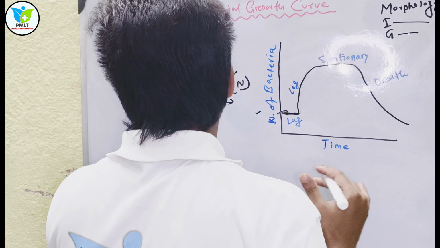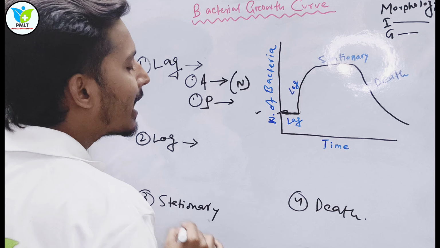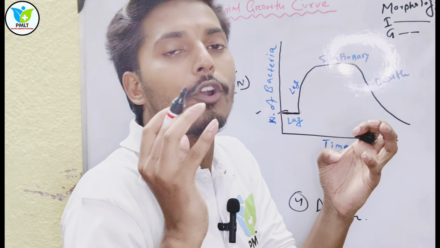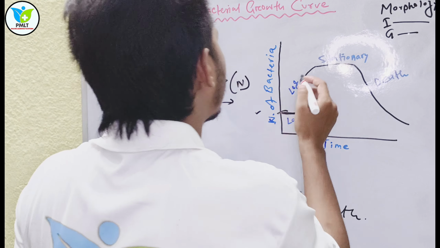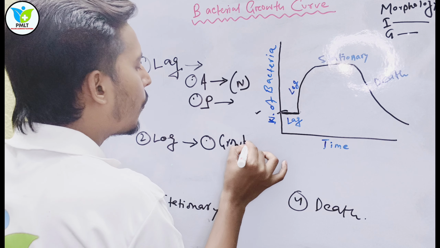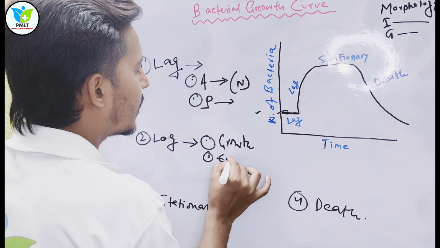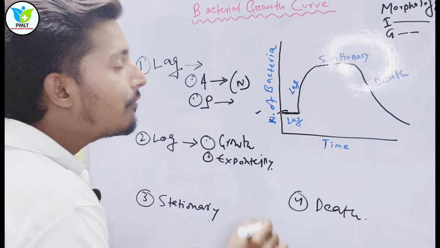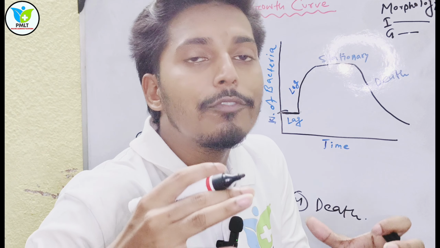After that, if I come to the log phase, bacteria have already gotten all the ingredients in the lag phase, so in the log phase there is growth. Growth is occurring exponentially, meaning they are giving their 200% for growing.